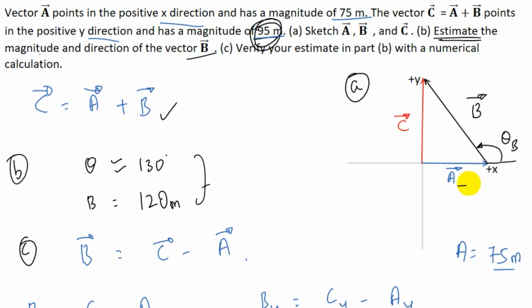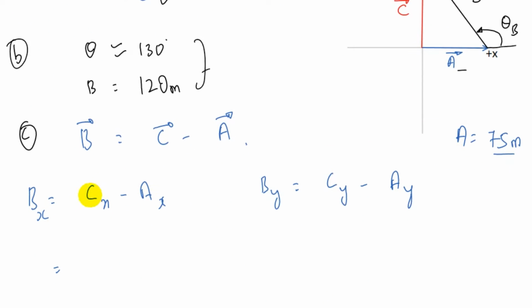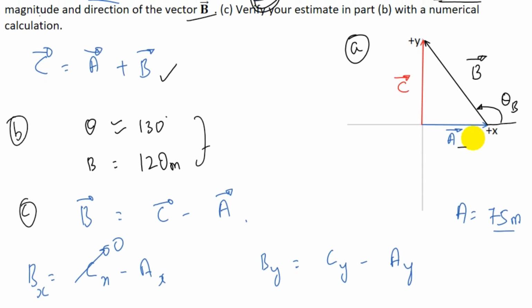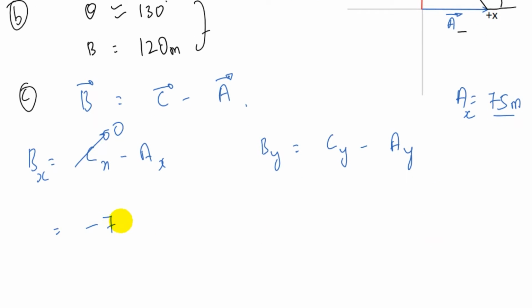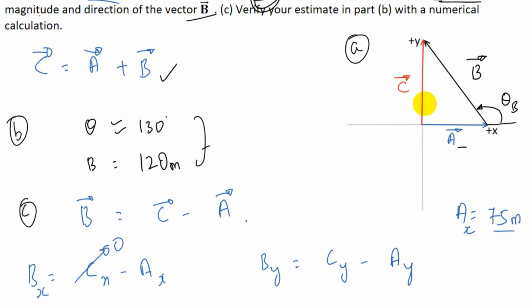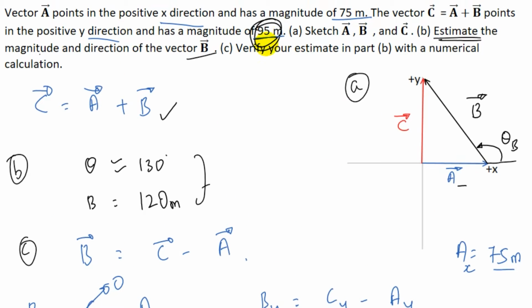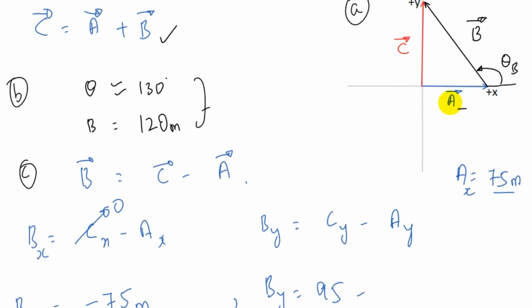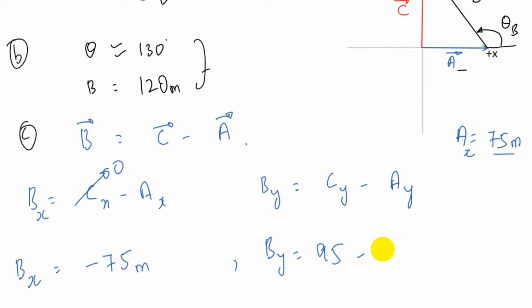It has no component along the x direction, so this will be 0, and then minus Ax. Now this A vector is along the positive x, so this would be our Ax. So this is 75 meters. So this is the x component for the B vector. Now the y component, Cy is itself the C, which is 95 meters. So this is 95 minus Ay, which would be 0 because it has no component in the y direction, so this would be 95 meters.